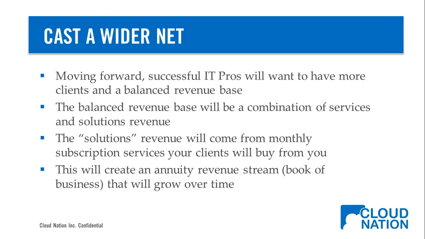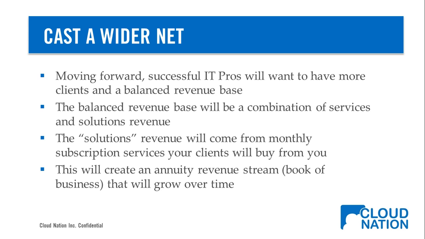The next thing that I would offer is that we're seeing trends in IT of successful IT professionals casting a wider net. And not only casting a wider net in terms of more clients, but also a balanced revenue stream. With a balanced revenue stream, essentially what we're seeing is not only the traditional services revenue or MSP revenue, but also starting to grow a book of business, if you will, based on annuity revenue.